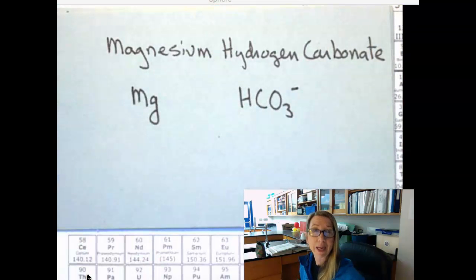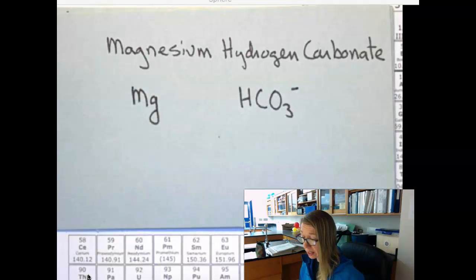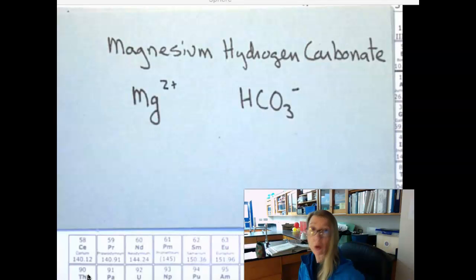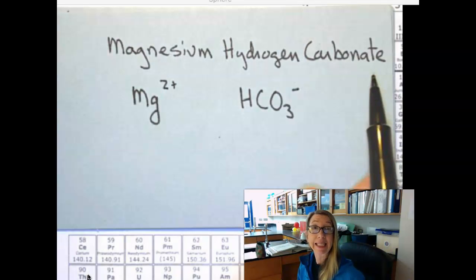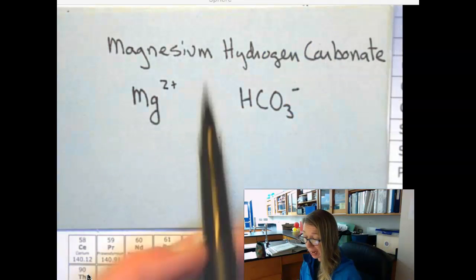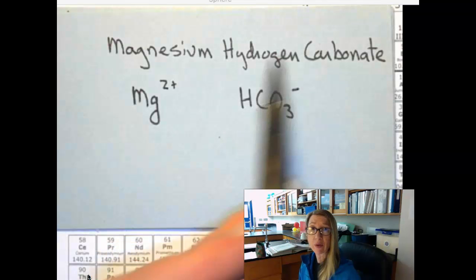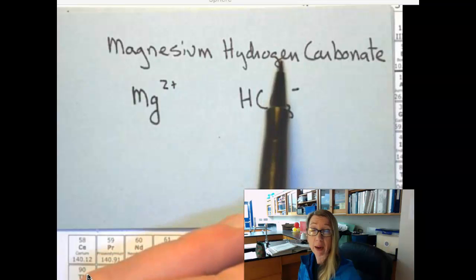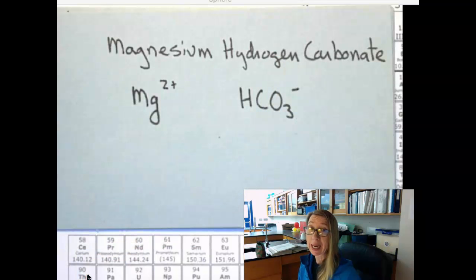So magnesium hydrogen carbonate. Step number 1, write down the elements with their oxidation numbers. Now hydrogen carbonate, we need to be careful. We have the ATE. And hydrogen, we haven't done anything with 3 elements. We're only doing binary. We are only bonding a cation to an anion.